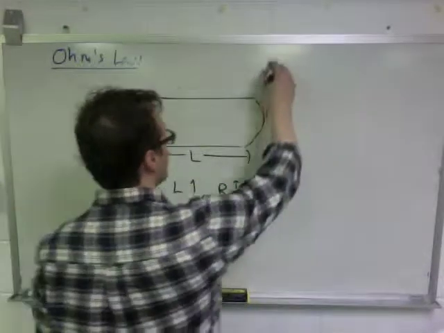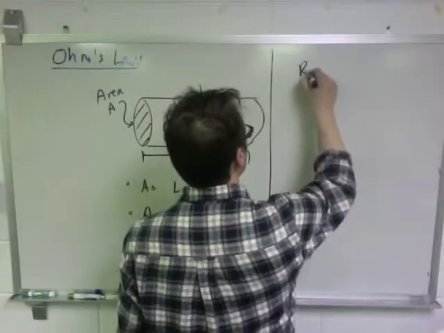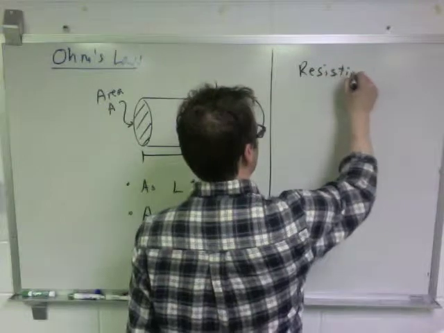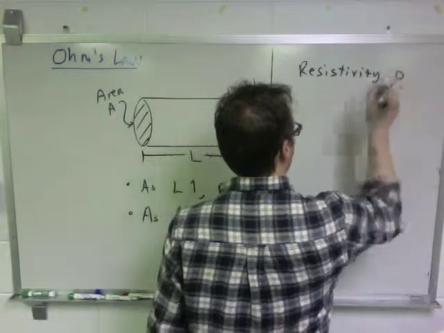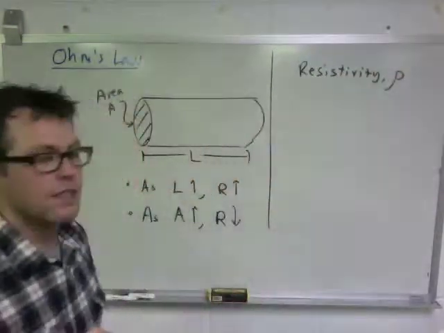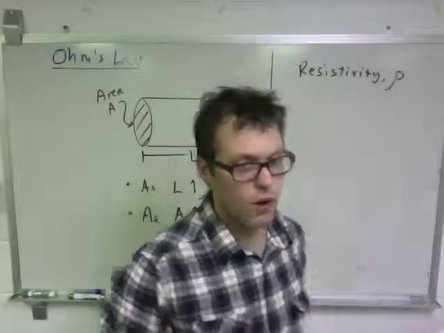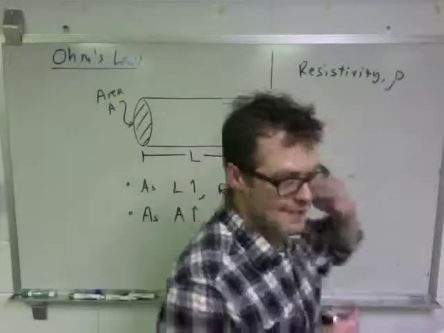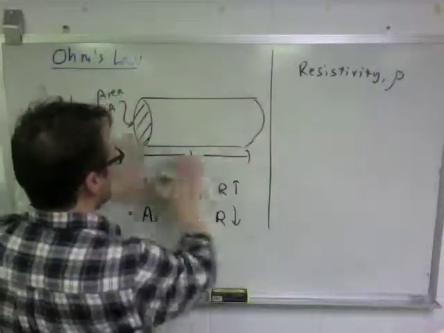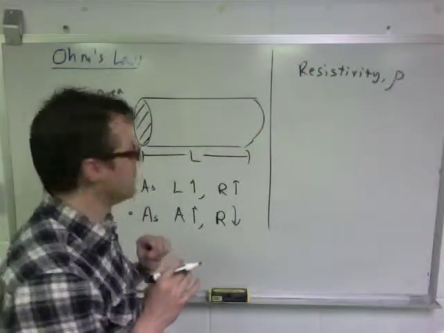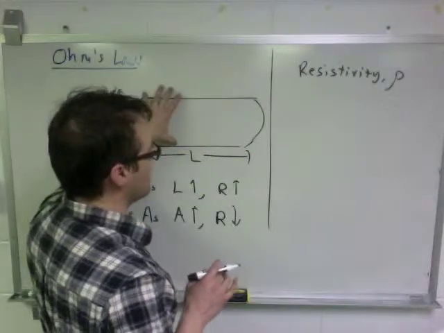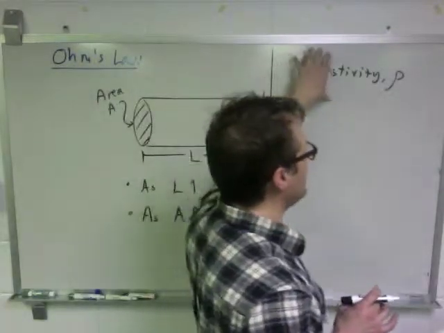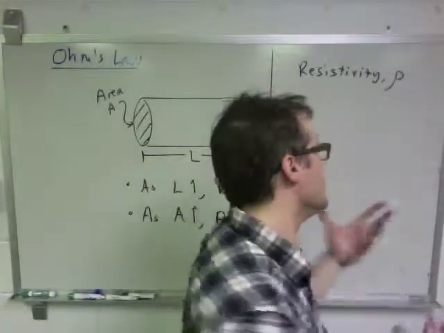And every material has its own what we call resistivity, which we give the Greek letter rho. Now, resistivity is different than resistance. Resistance depends on the geometry of the conductor, whereas resistivity is just a property of the conductor itself.